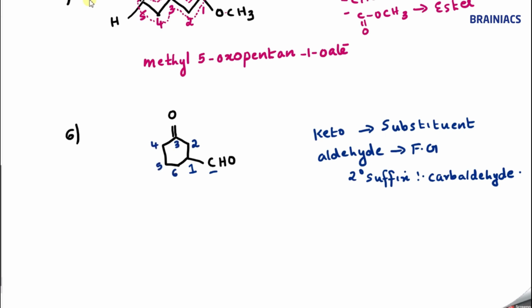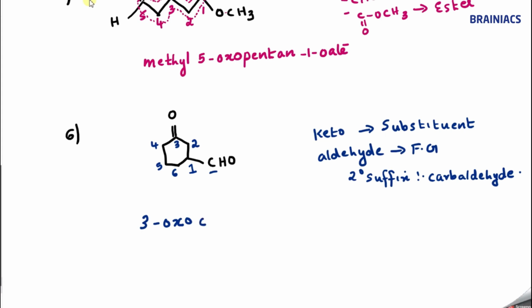So what should be the name of this compound? Can anybody tell? At the third position you have the substituent, so I can use 3-oxo, and that carbon is part of the parent chain. Then primary prefix is applicable because it is a cyclo compound.